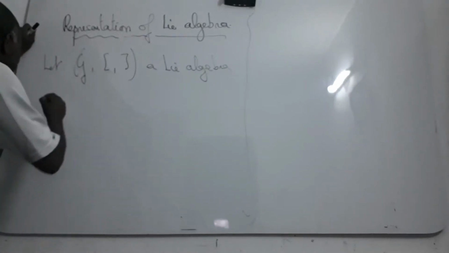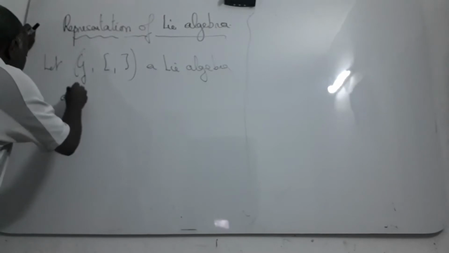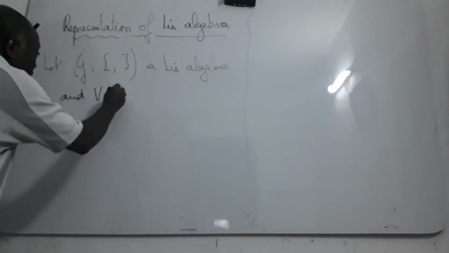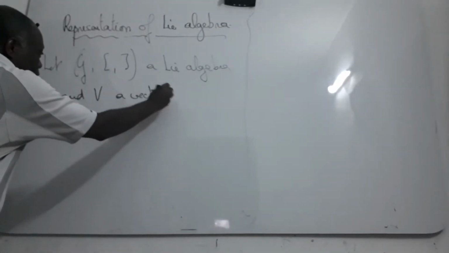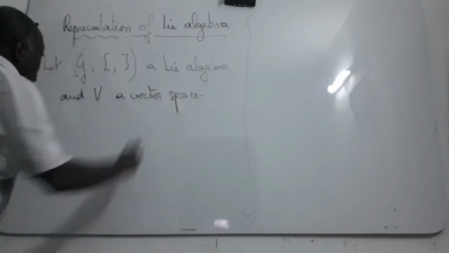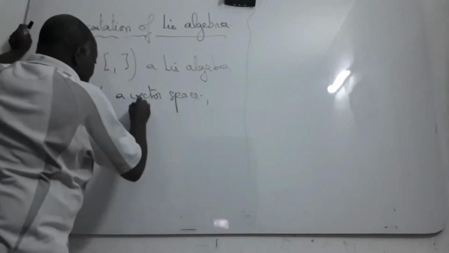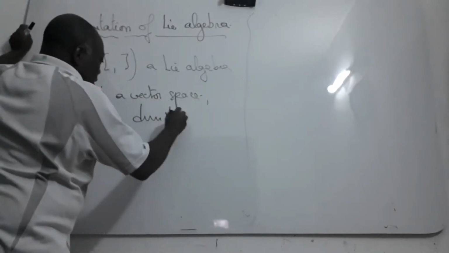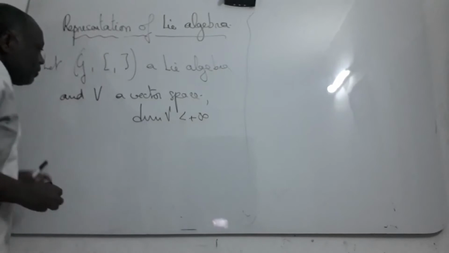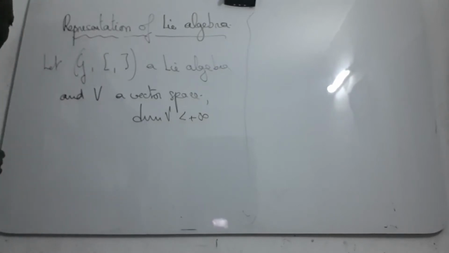And you see that in V, a vector space, we suppose in this case that it is a finite dimensional vector space.